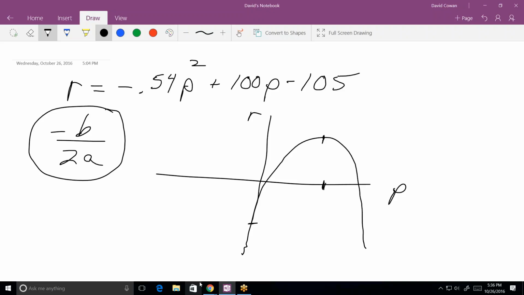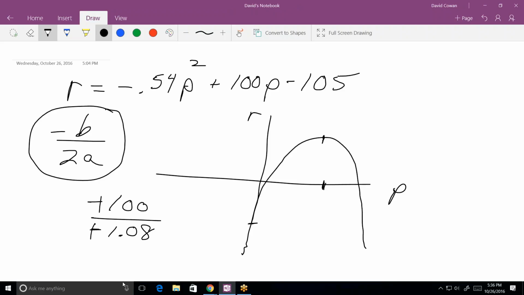It's minus 100 over minus 1.08. So b is 100, so minus b is minus 100, and a is minus 0.54.